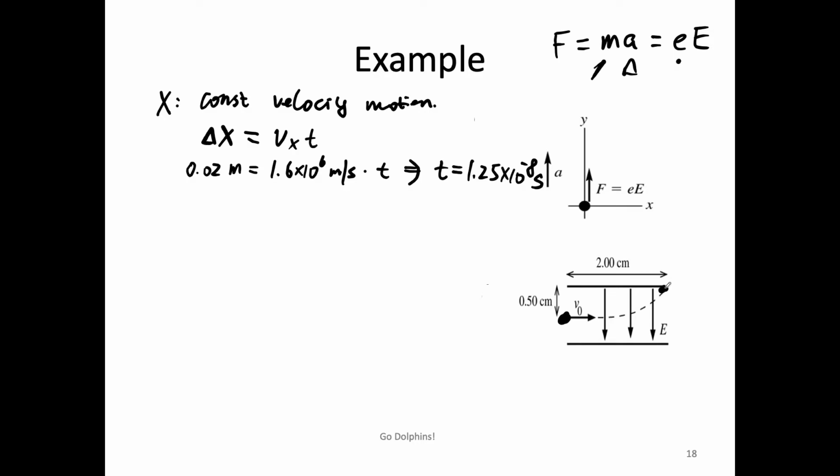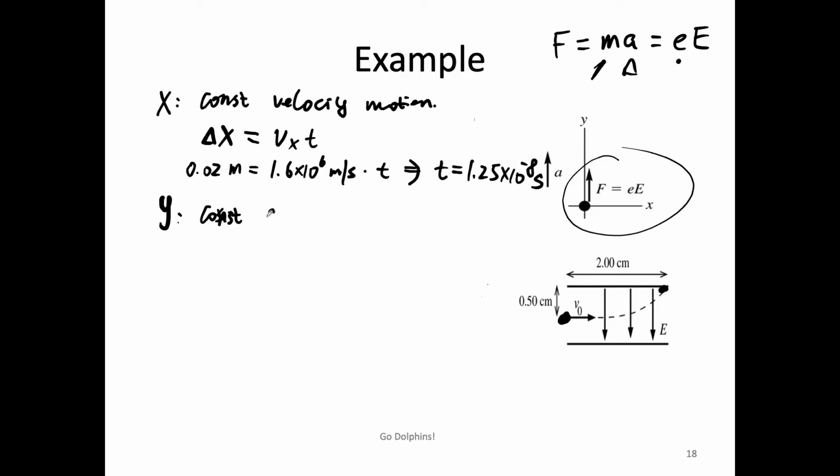We've already found the time, good, from the information in the x direction. Now we go to the y direction. We see that in the y direction there indeed is a force, which is the electric force acting on the electron. And the electron will have an acceleration due to this force, and the acceleration is going to be a constant.